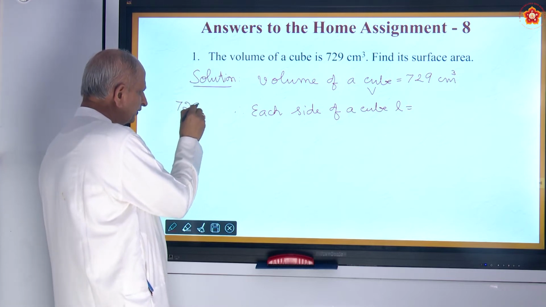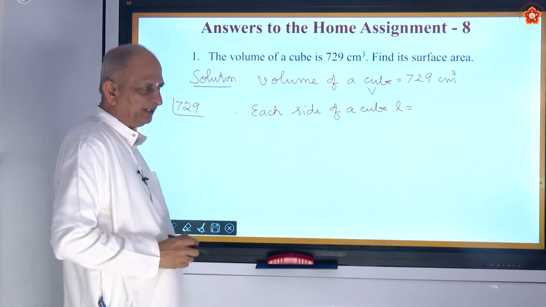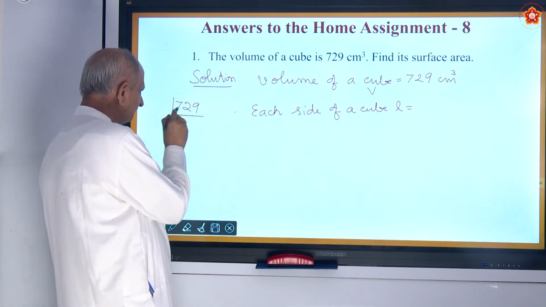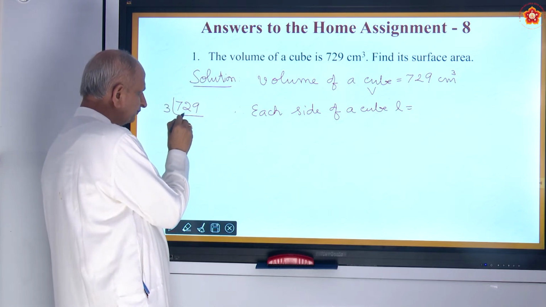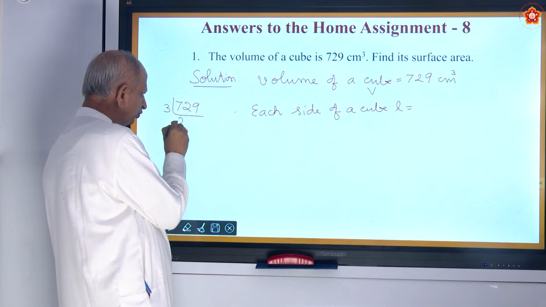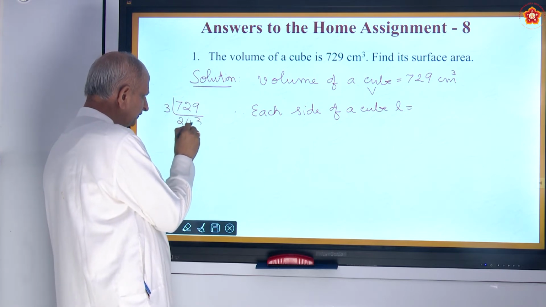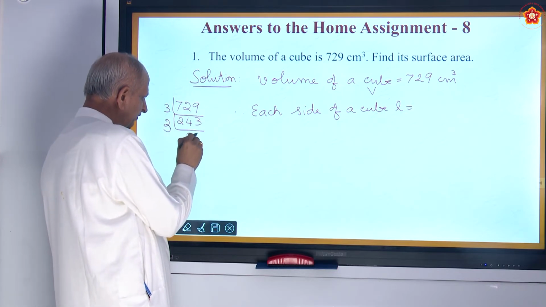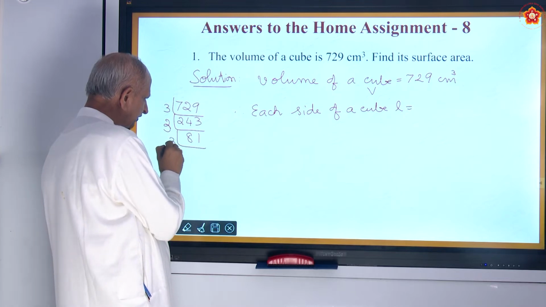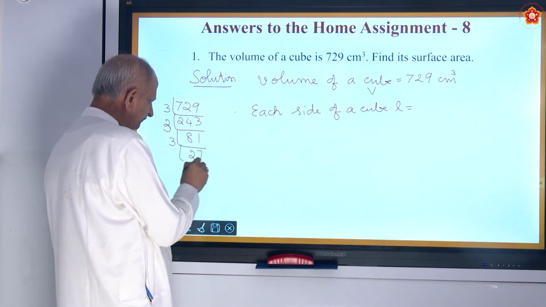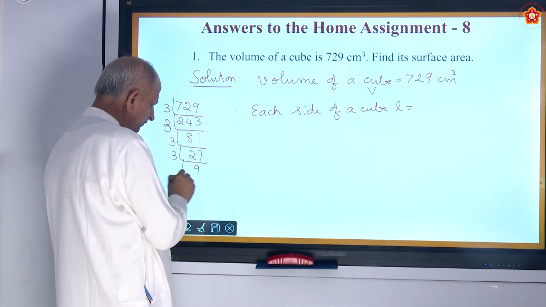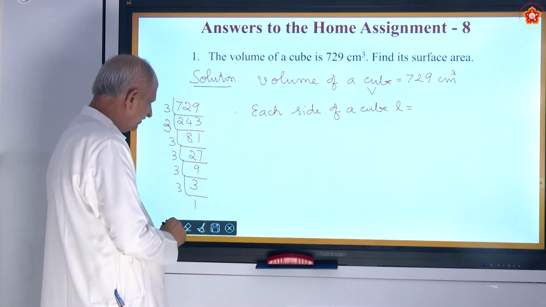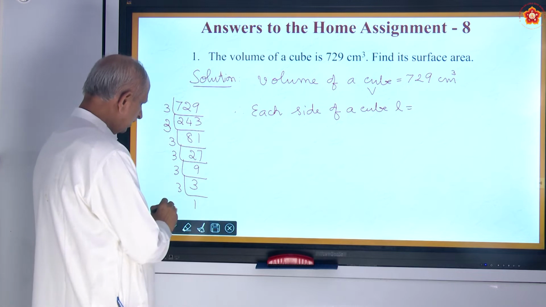How to find the cube root? We studied square roots and cube roots earlier, correct? So you have to divide by prime factors. Dividing 729 by 3 repeatedly: 3 2s are 6, 3 7s are 21, and so on, until we get 1.